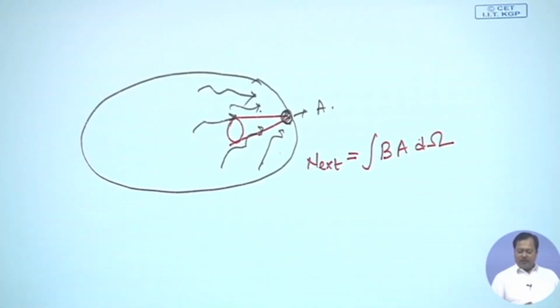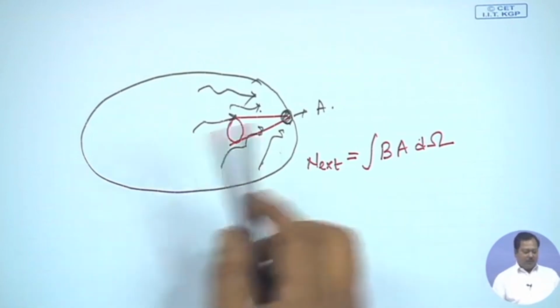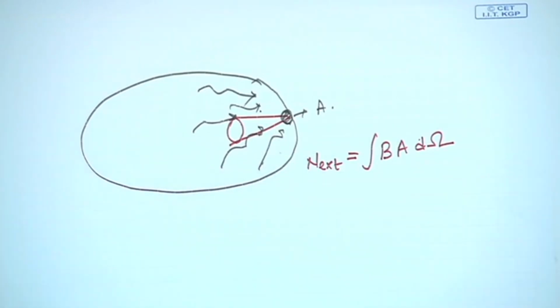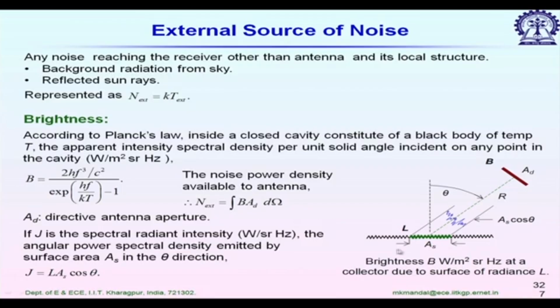So we can also use a similar concept for any antenna. Let's go back here. We are representing an earth surface, and considering the radiation coming from an area AS. This radiation is in an arbitrary direction, and some part will impinge on the antenna.